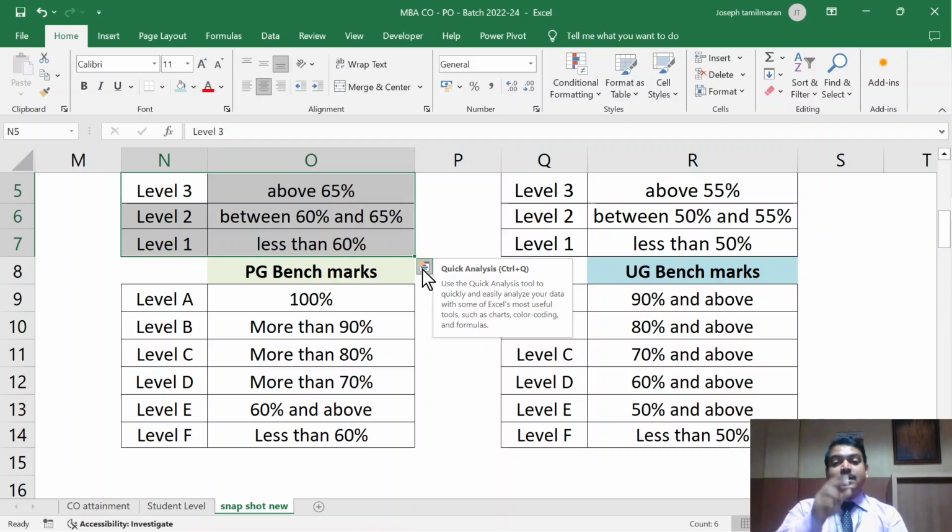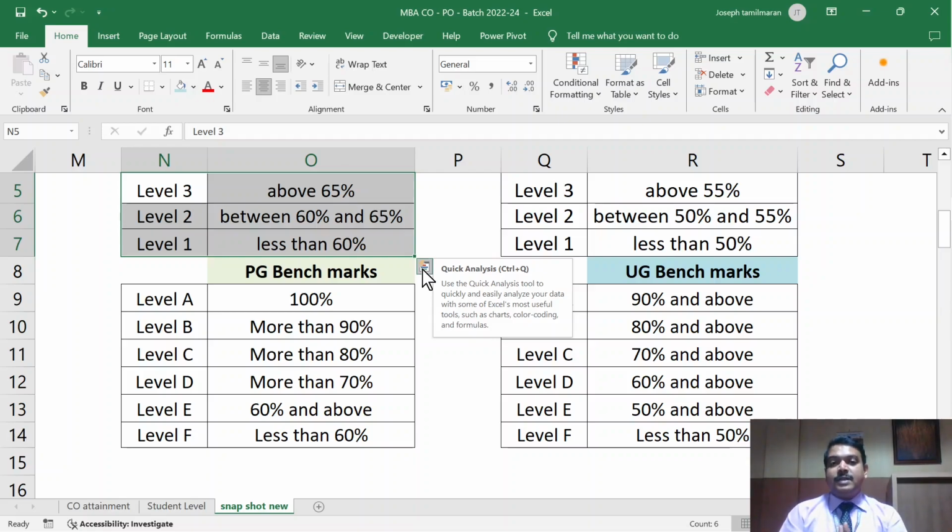That average, we try to match with the benchmark. If that average is above 65, we conclude that PO1 is attained at level 3. If it is between 60 and 65, we conclude that PO1 is attained at level 2. If it is less than 60, we conclude that PO1 is not attained, which is indicated by level 1. So that is how the benchmarks work.